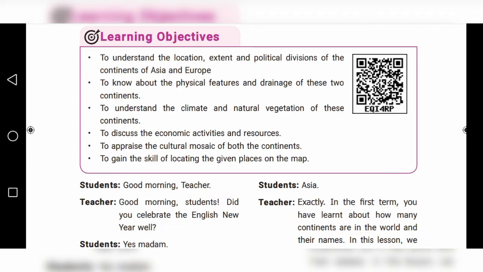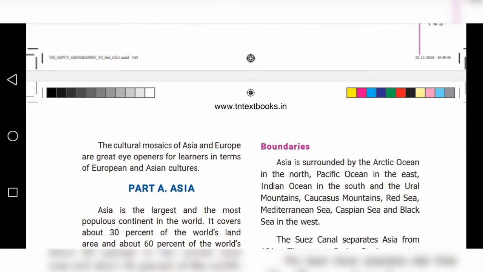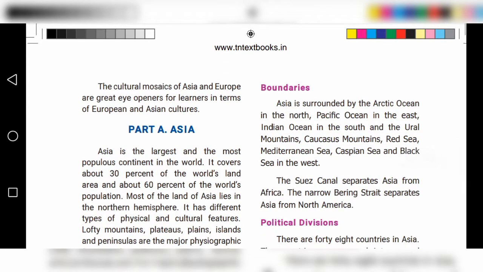Before we start the lesson, in the first term we already studied what a continent is and how many continents there are in the world. Children, anyone guess or anyone know the answer? What are continents?